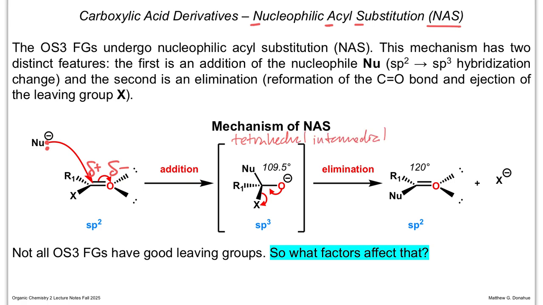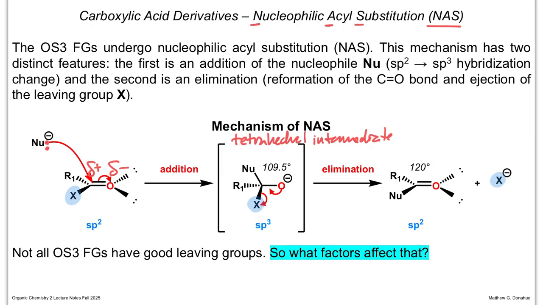And that's called a tetrahedral intermediate. The thing that's different now is that X group is a heteroatom.